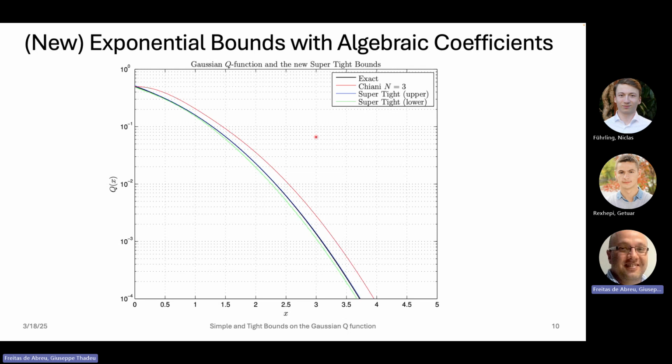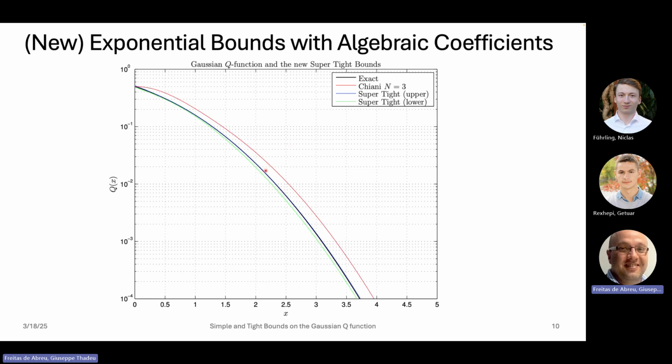Okay, so in a nutshell, just before we go into the mathematics, let me catch your attention by showing you how these bounds compare against the exact expression. You can see here now the three-term Chiani bound and our super tight two-term bounds. As you can see here, the blue line, there is a black line here.